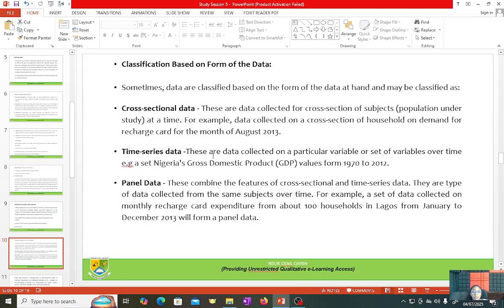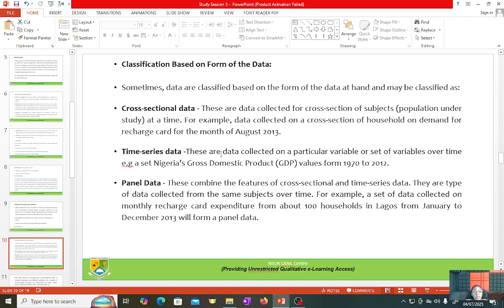Time series data. These are data collected on a particular variable or set of variables over a period of time. It could be a period of 10 years, 20 years, and so on.